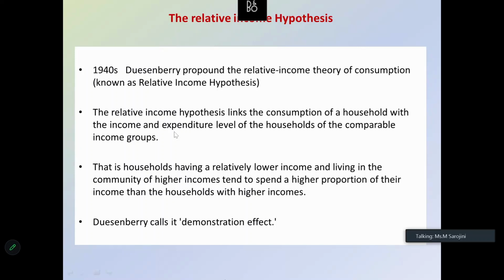That means households having relatively lower income and living in the community of higher income tend to spend a higher proportion of their income than the households with higher incomes.